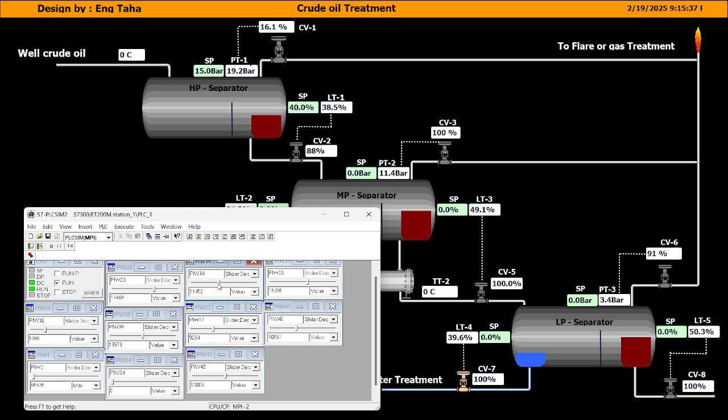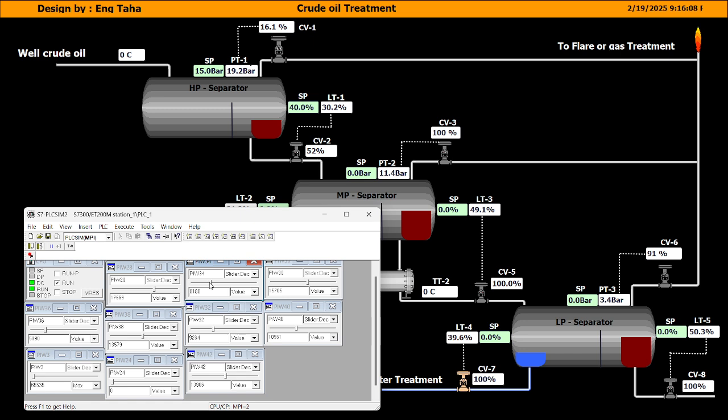Look, and I will decrease the separator level. Look at that, 37.9%. I will decrease. Look at that, 25.